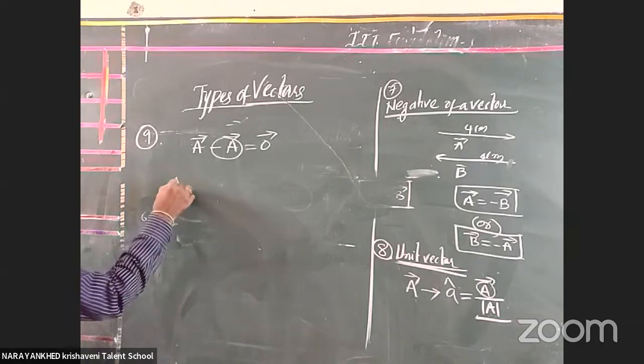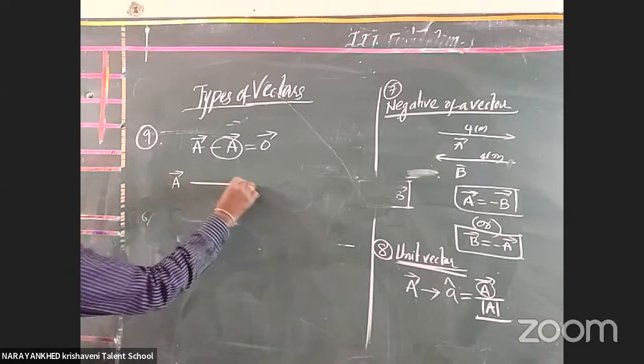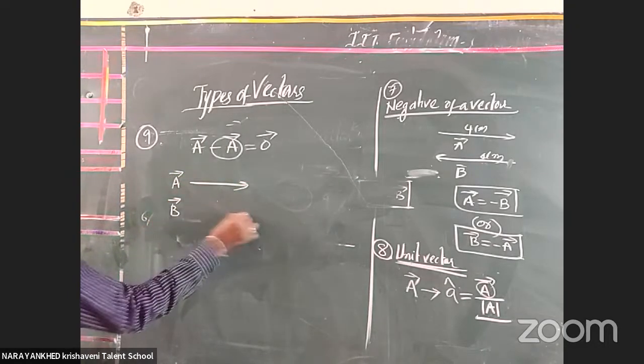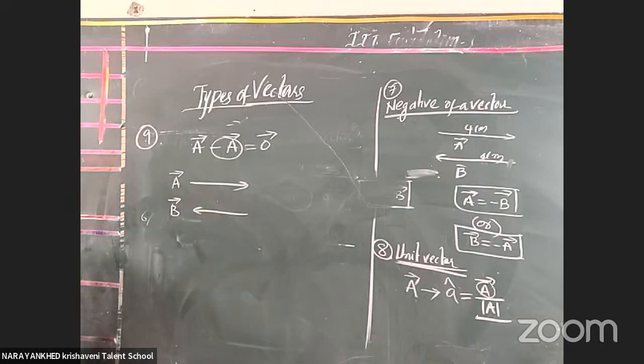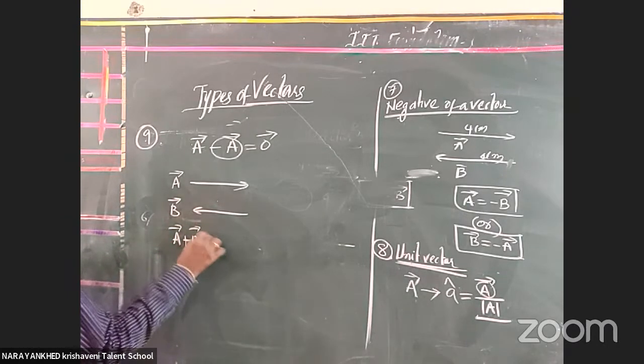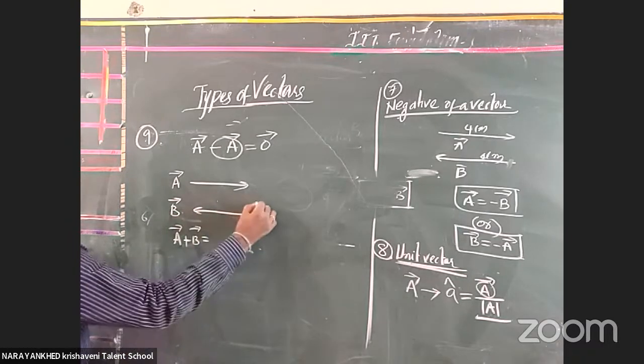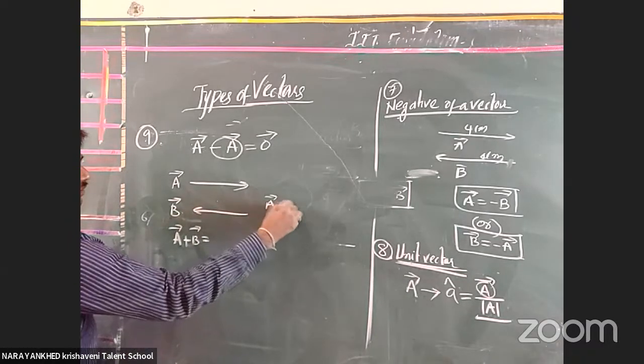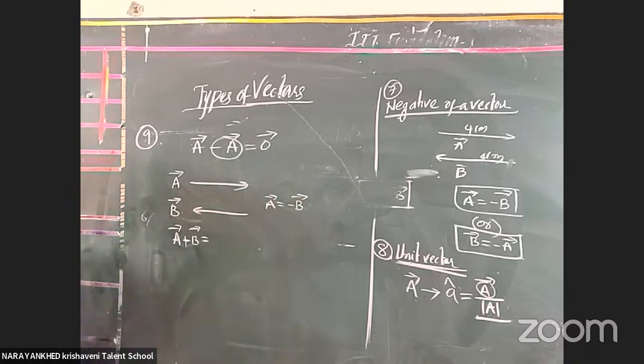Or otherwise, one vector is A bar and another vector is B bar, opposite to each other but equal in magnitude. Now the resultant A bar plus B bar: here A bar is equal to minus B bar, both equal but opposite in direction.